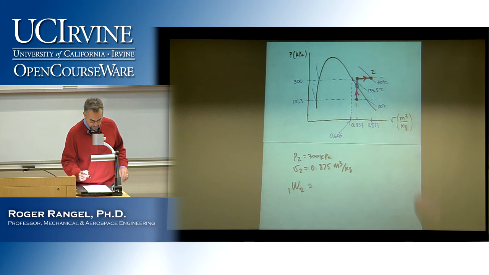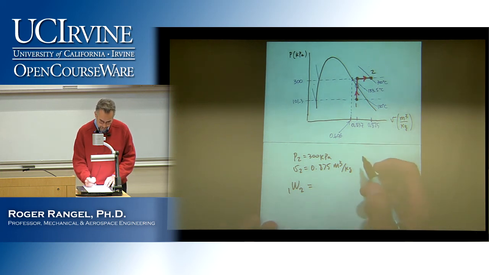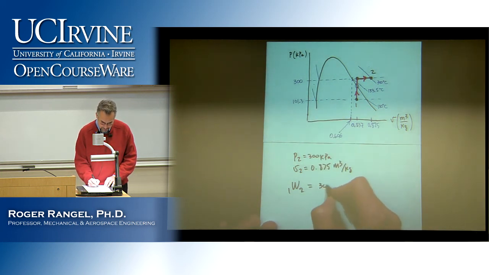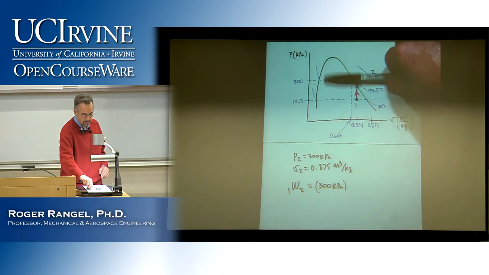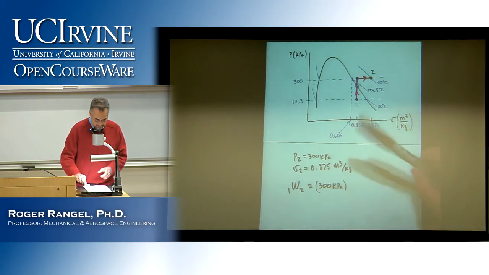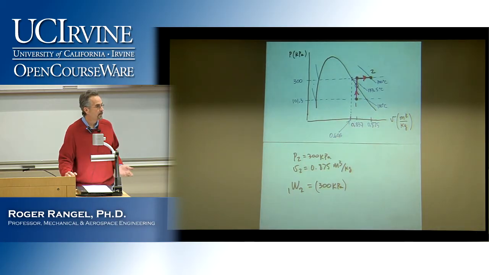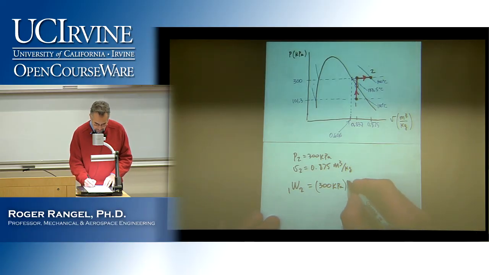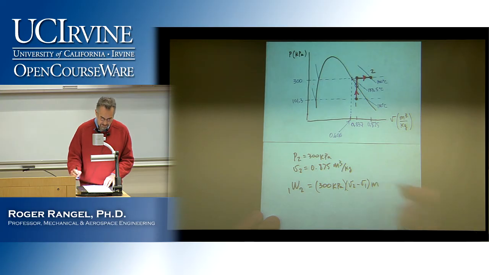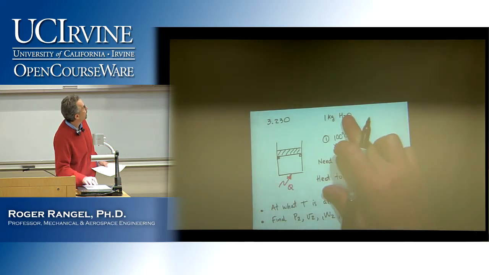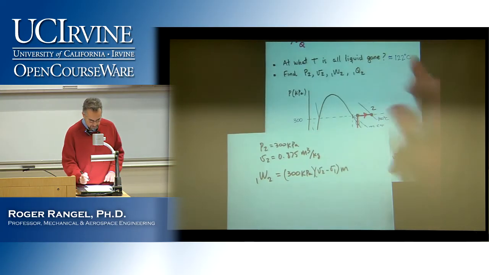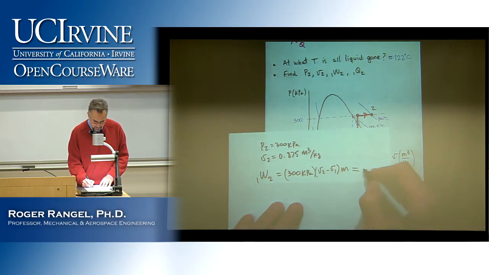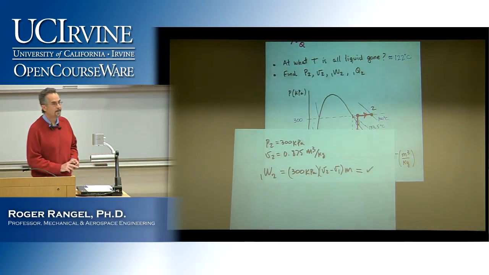So the work will be that pressure, which is the top line, the height, and then the width is the delta V, and of course times the mass. So let's write just P times V2 minus V1 times the mass. The mass was given, it was 1 kilogram. So that'll be the work. You can get the number.